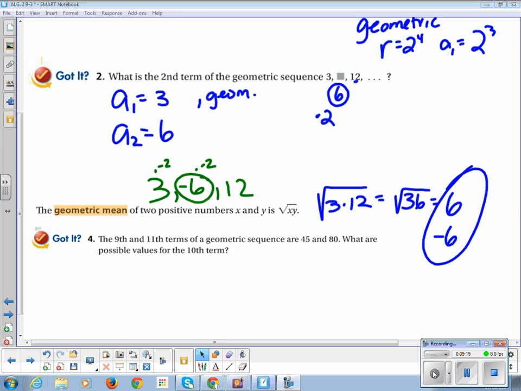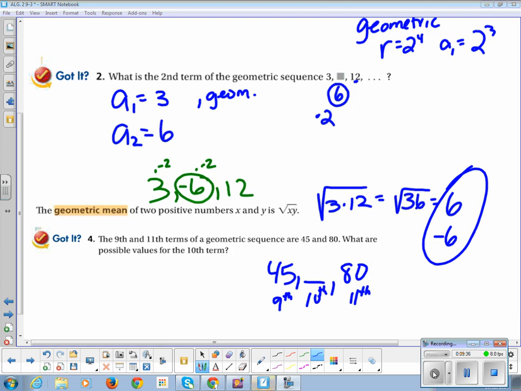All right, so the 9th and 11th terms of a geometric sequence are 45 and 80. What are the possible values for the 10th term? I know it's not necessary, because I know I'm using geometric mean. It's not necessary to write it out, but my brain longs for a picture, so for me it's always helpful to write out what I'm doing.